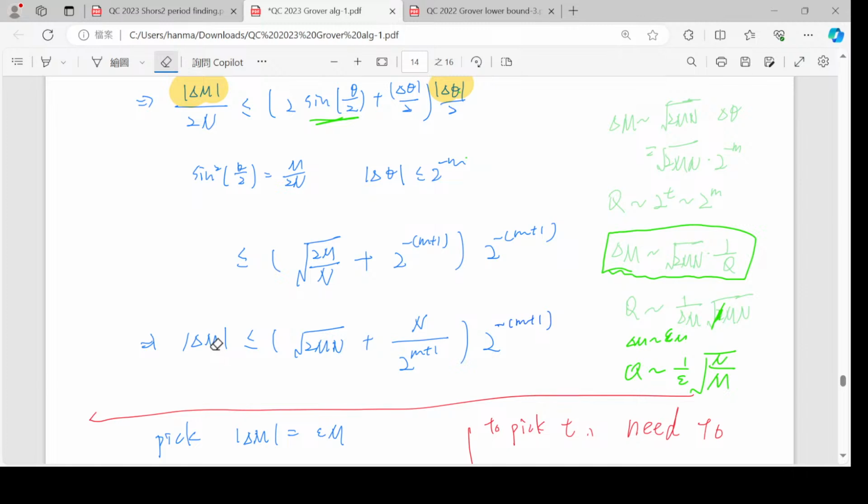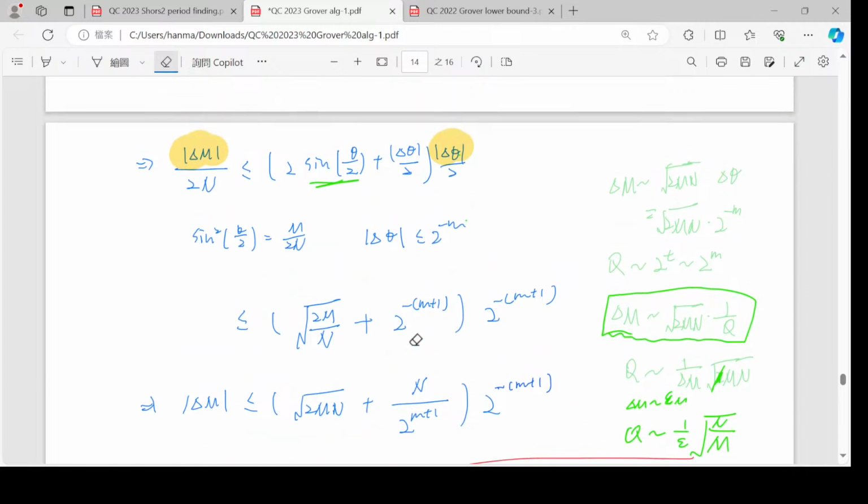Then you see, delta m is equal to square root. Wait, no, I'm a little confused. Did I do the calculation a little wrong?